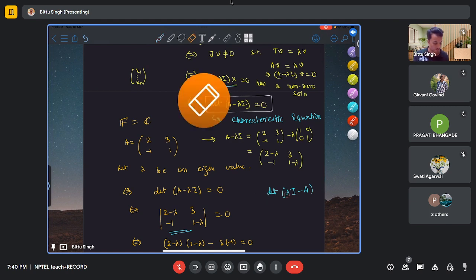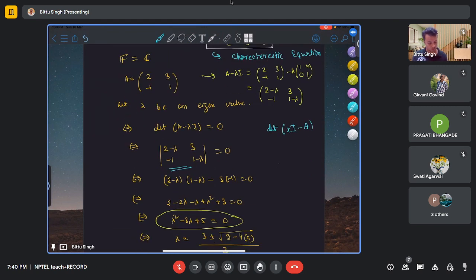Instead of lambda, let us write x, then it becomes a polynomial of x, some combination of x to the power n up to x to the power 0. This polynomial is called the characteristic polynomial.